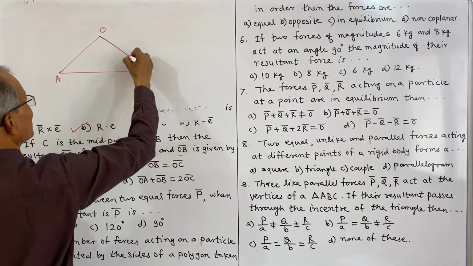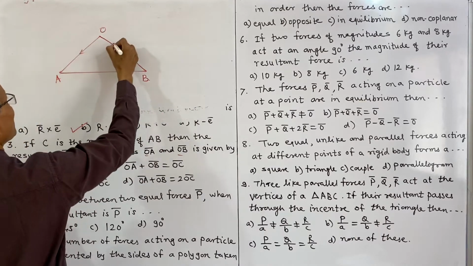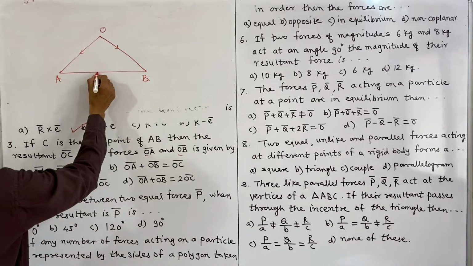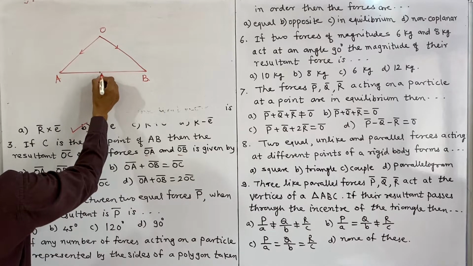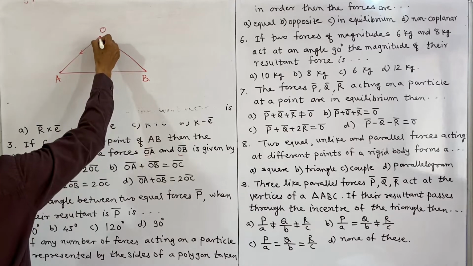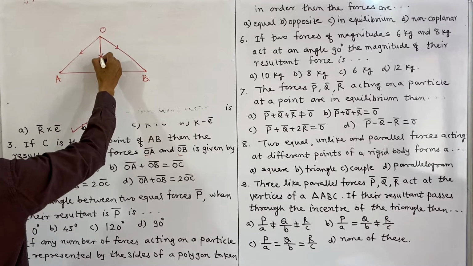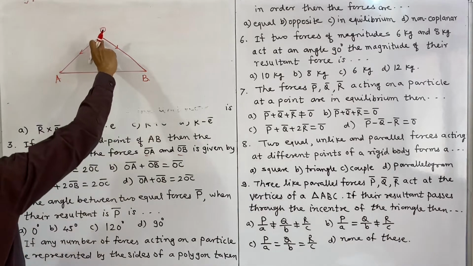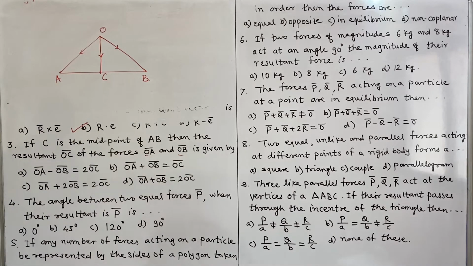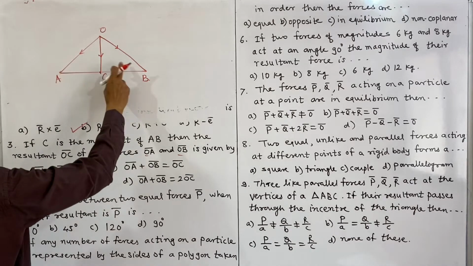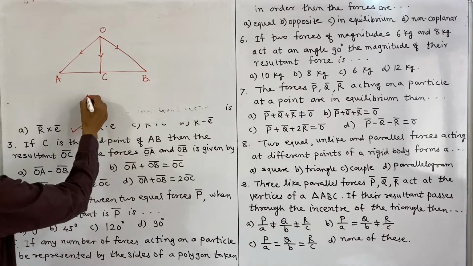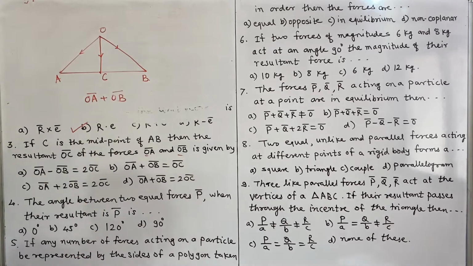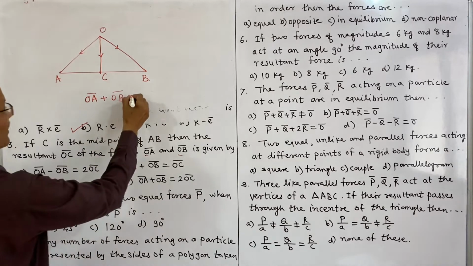Suppose the midpoint of AB is C. If you join OC, then the relation between OA, OB and OC will be OA plus OB equal to twice OC.